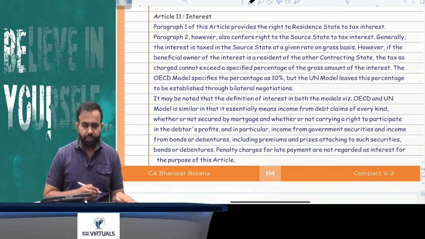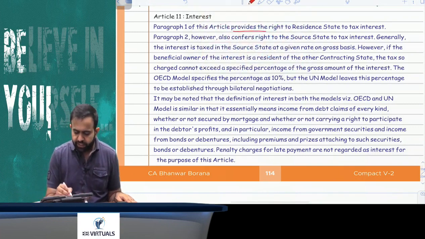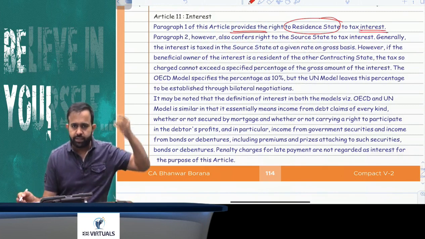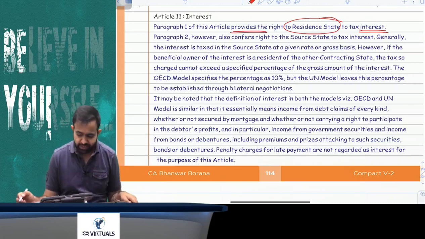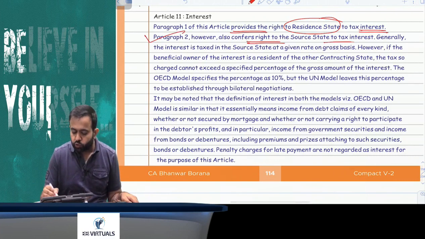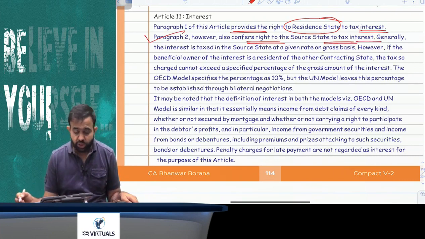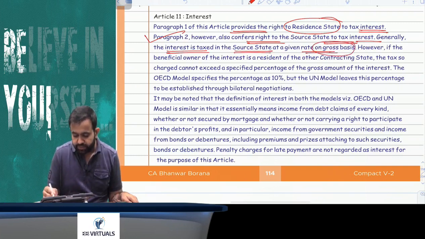So just pay attention. Interest. Paragraph 1 of this article provides the right of the resident state to tax the interest. Obviously, the resident country is always going to charge the tax. Paragraph 2, however, also confers the right on the source state to tax interest. Generally, the interest is taxed in the source state at the given rate on a gross basis.